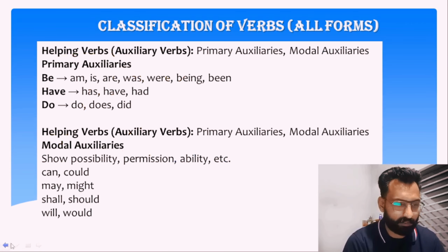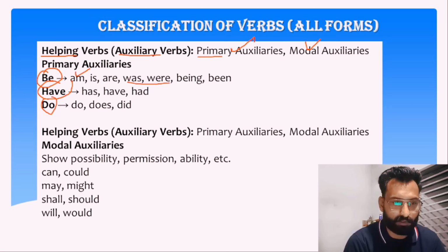Next one, second type. Next one we have helping verbs or auxiliary verbs. First of all, we come to know about them that we have 2 types: primary auxiliaries and modal auxiliaries. Primary auxiliaries are like be form of verbs, have form of verbs, and do form of verbs. Be forms, for example, if we are using in present as, am, are.